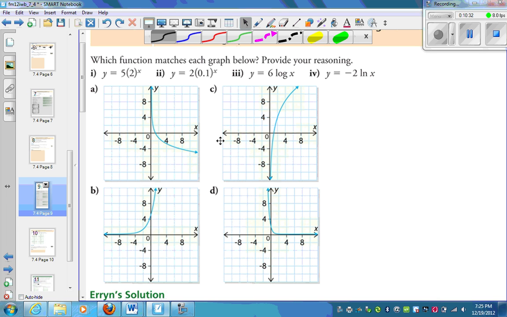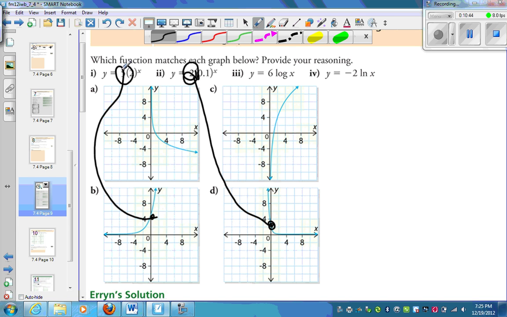So this one must go here because of that 2, and that crosses at 2. Because this is 5, that must match to that. Now these two, we have one that's going to be increasing and one that's going to be decreasing. Well, this is decreasing, so that goes there, and this is increasing. So really quite simple, actually.